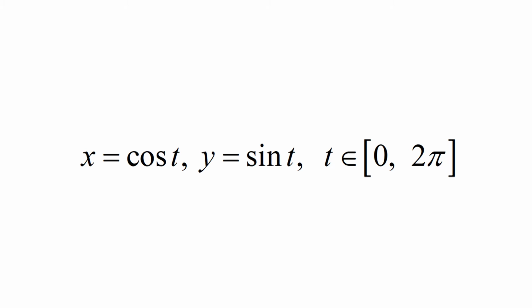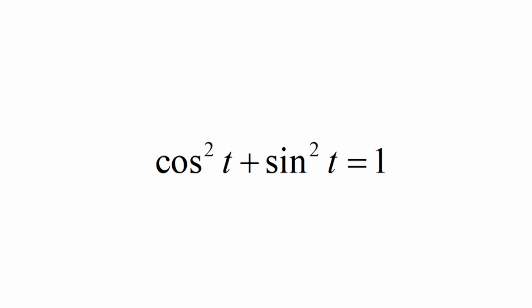We graph the curve represented by the parametric equations x = cos t and y = sin t, where the angle t varies over the closed interval 0 to π. To draw the curve, we first find the Cartesian equation representing the curve.